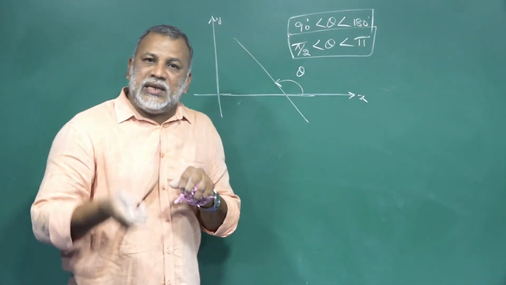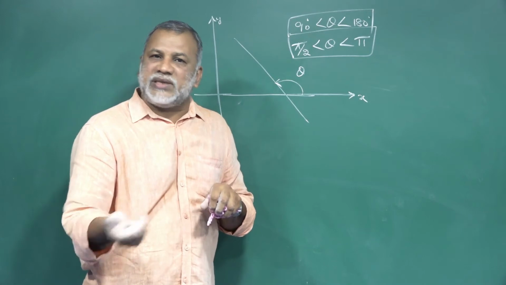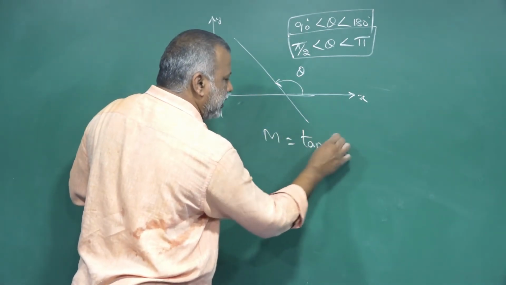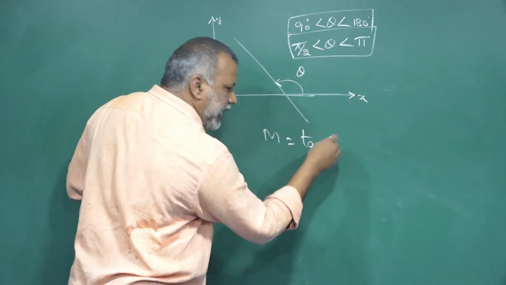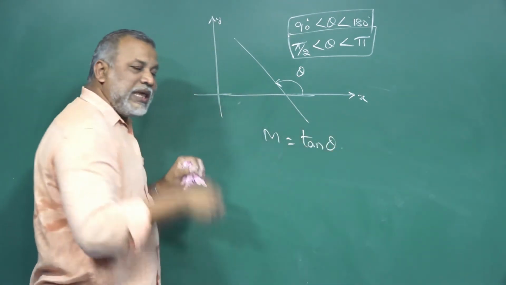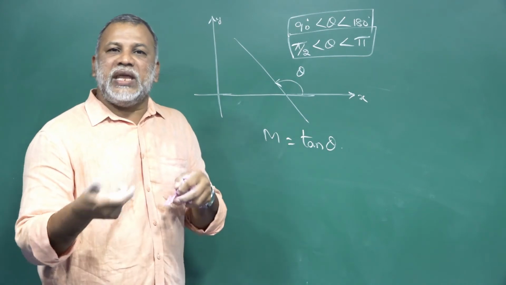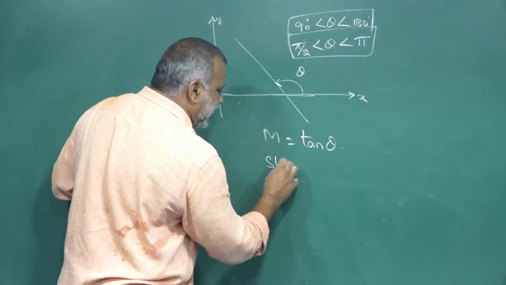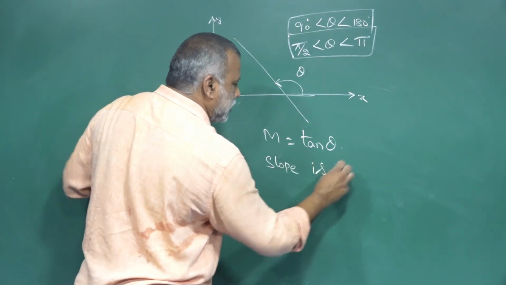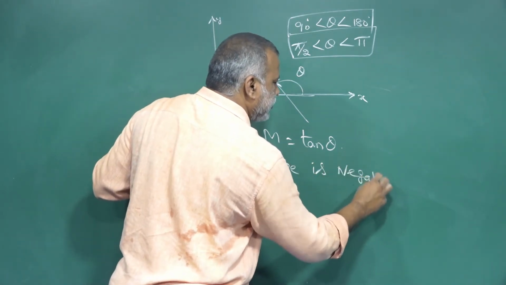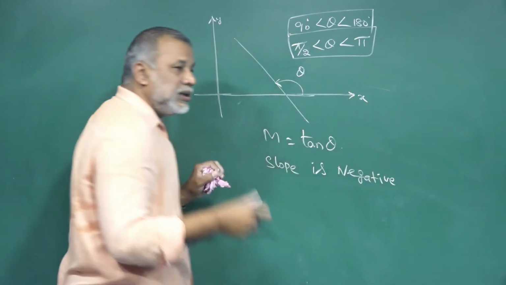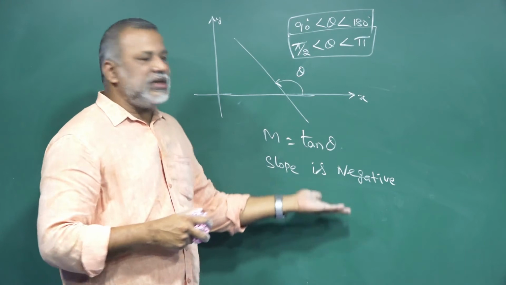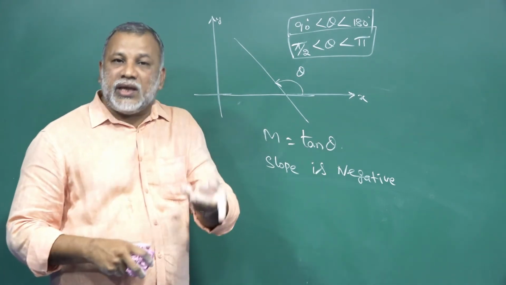Obtuse means the second quadrant. Therefore, slope m equals tan theta, and here theta lies in the second quadrant. In the second quadrant, tan produces a negative value. Therefore, we are getting a negative slope. So you must have clear definitions and clear understanding first. Why are we getting a negative slope? When are we getting a negative slope?